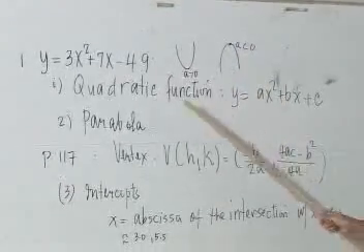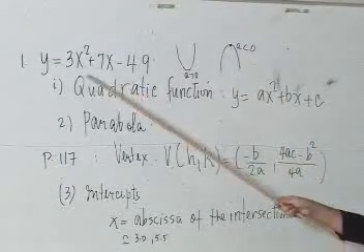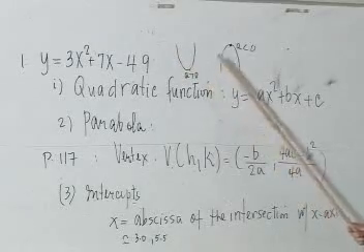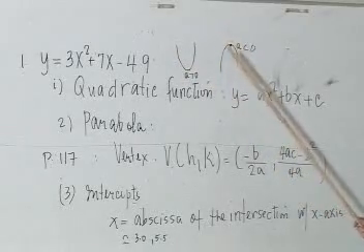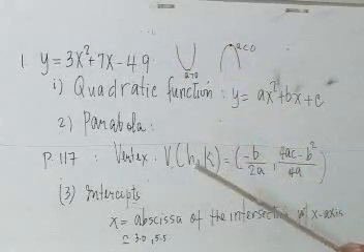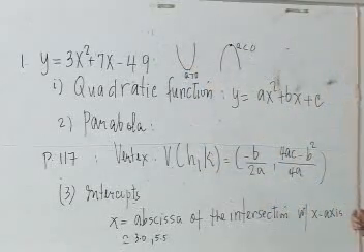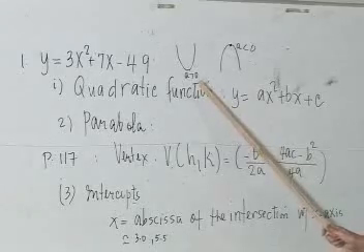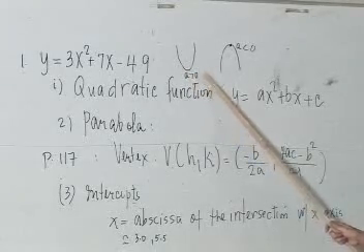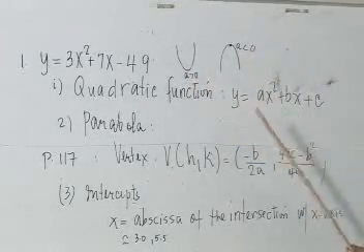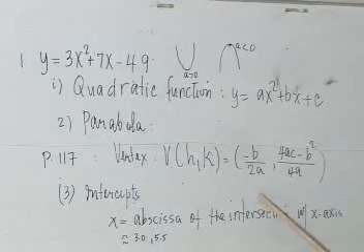But in our example here, a is positive, so it goes up. More or less, we will know that even if we do not see the graph yet, it will look like this. Whatever the formula, whether a is greater than 0 or less than 0, this is the vertex.